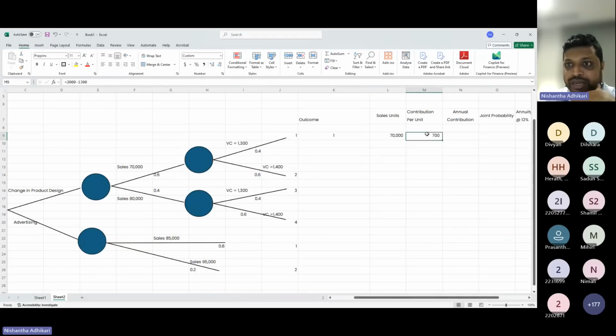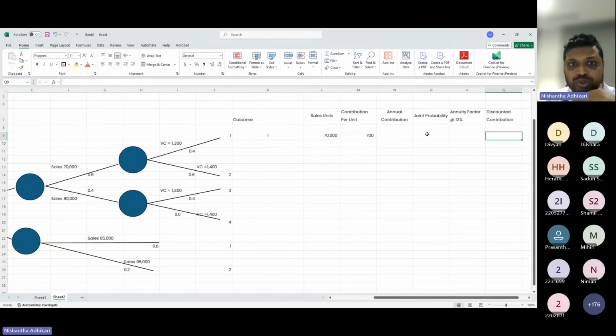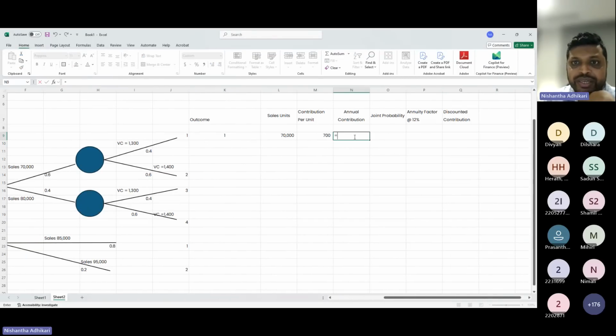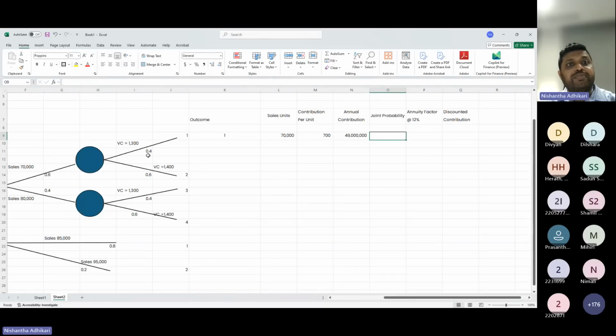It will be 700. Then annual contribution will be 70,000 units times 700, 49 million. What is joint probability? 70,000 units has a probability of 60%, variable cost 1,300 has a probability of 40%. Therefore, 0.6 times 0.4, joint probability will be 24%.